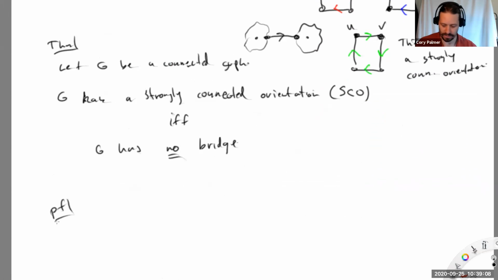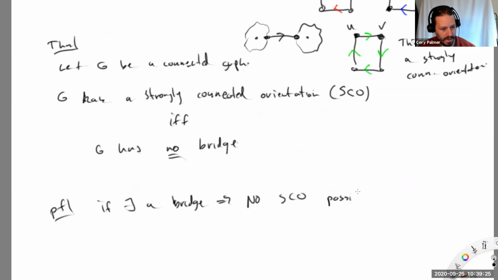Proof. Well, we actually proved one direction already, right? We already proved that if there exists a bridge, then no strongly connected orientation is possible.